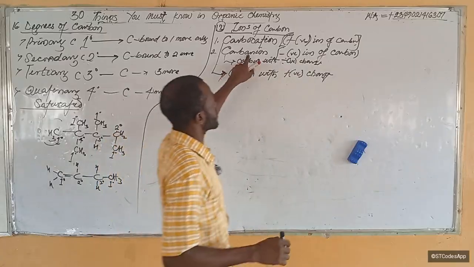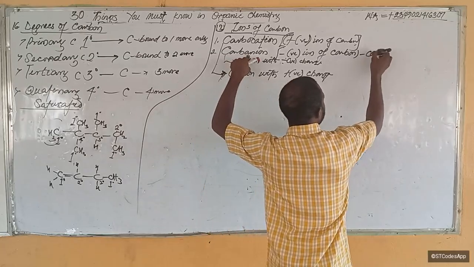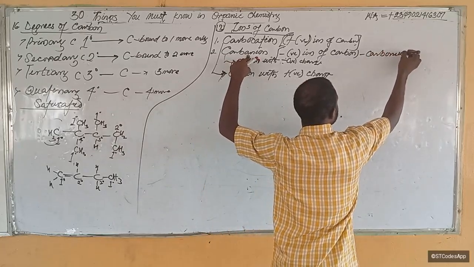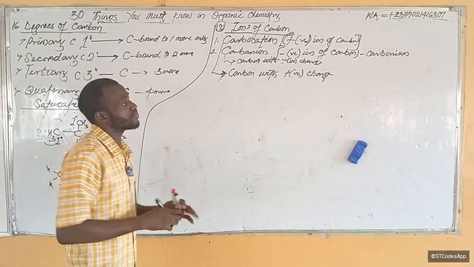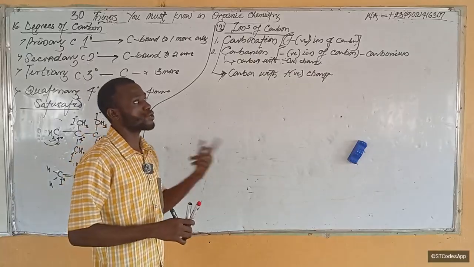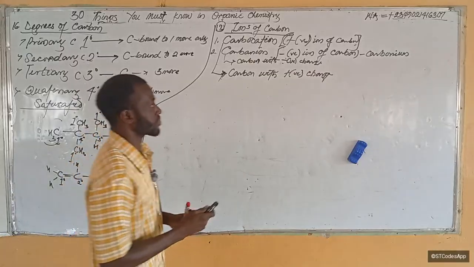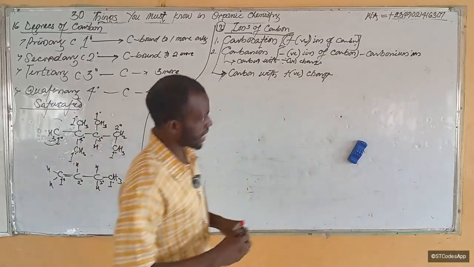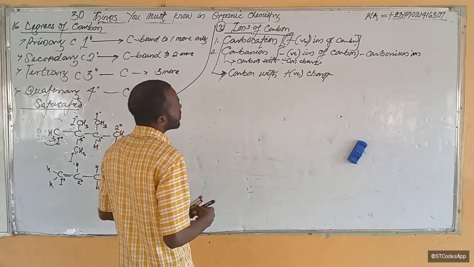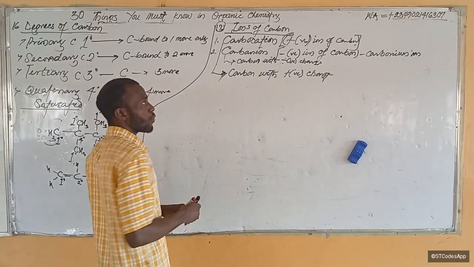Another name for carbanion is carbonium ion. So carbocation is carbocation, but carbanion is also called carbonium ion.